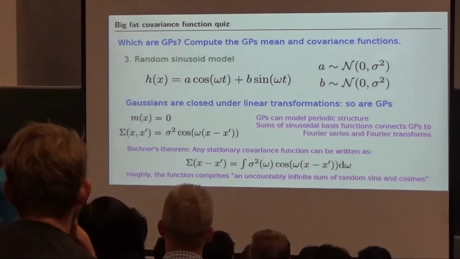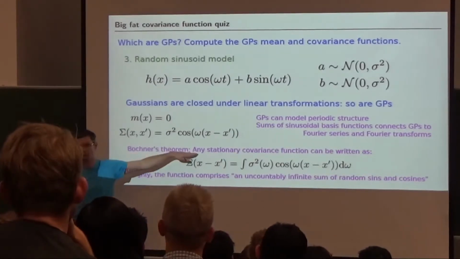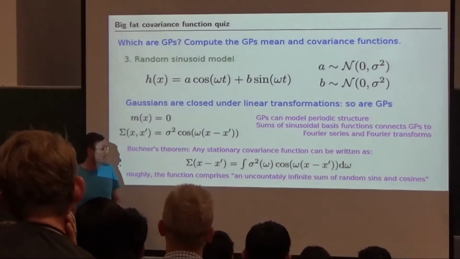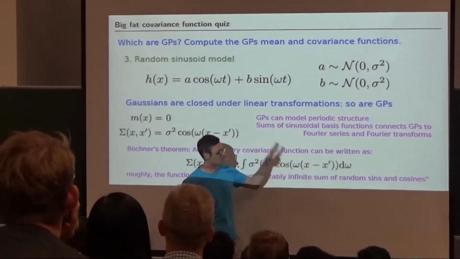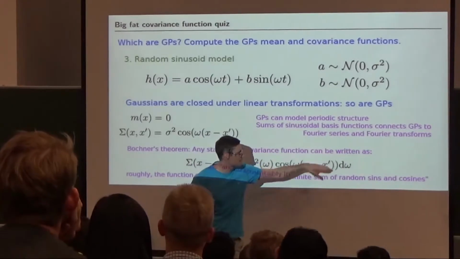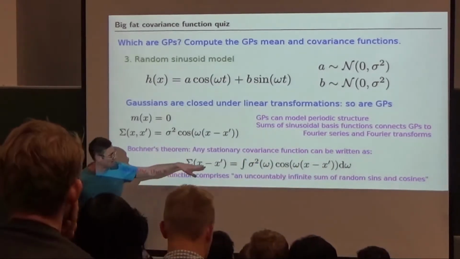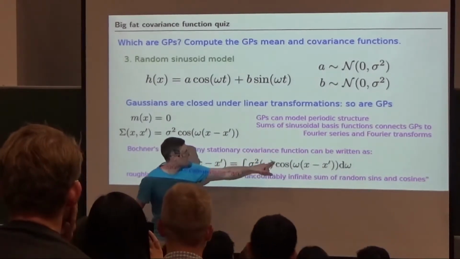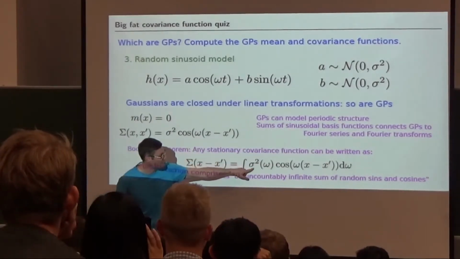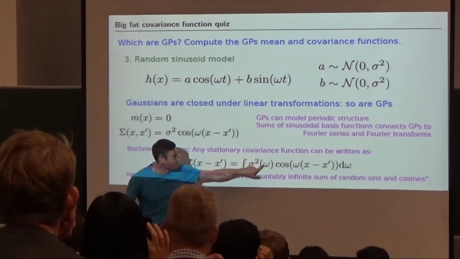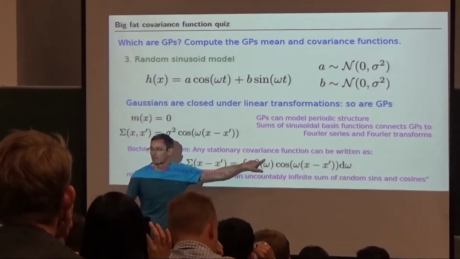And that's called Bochner's theorem in the GP literature. And Bochner's theorem says any stationary covariance function subject to conditions can be written as an integral of these cosine functions, cos omega x minus x prime, weighted by the variance at frequency omega. This is like the power spectral density.